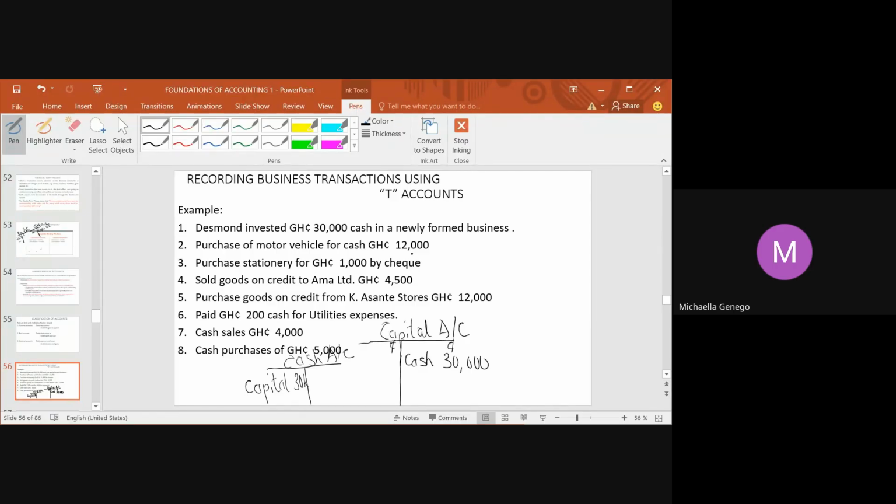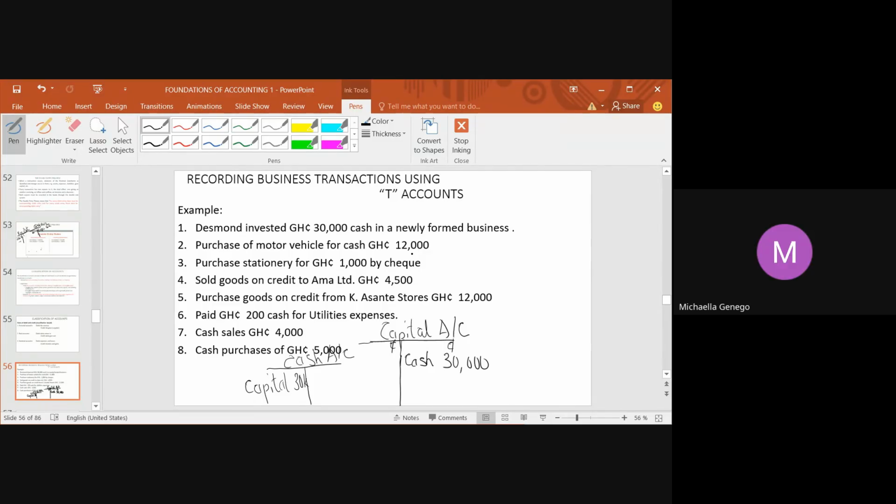So we have the next item to be what? Purchase stationery for 1,000 cedis by check. What accounts are we having? Please, let's be fast. We'll solve the whole question at the end. After this week, we'll meet again in 4 weeks. Madam, stationery account and bank account.